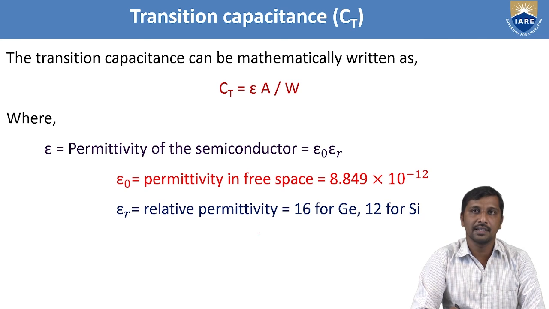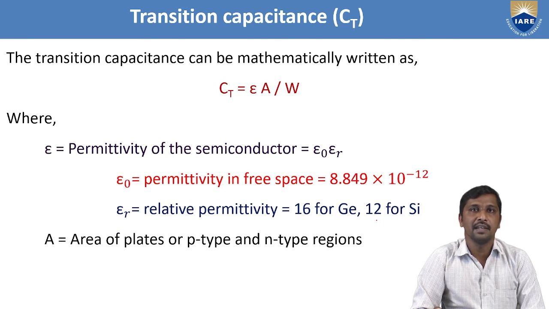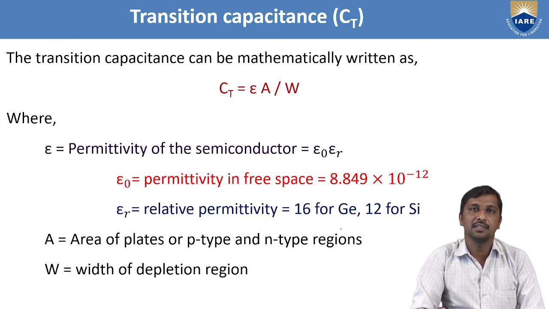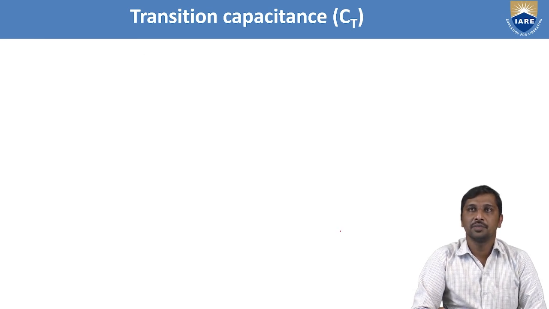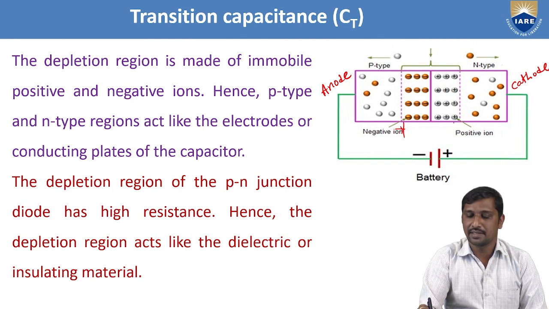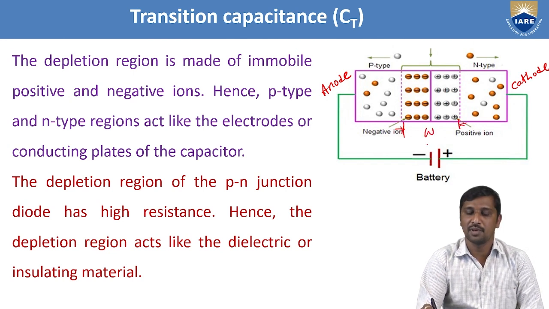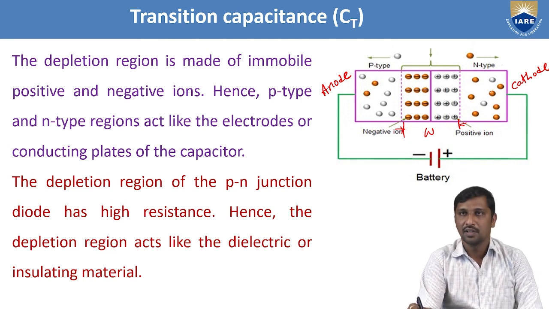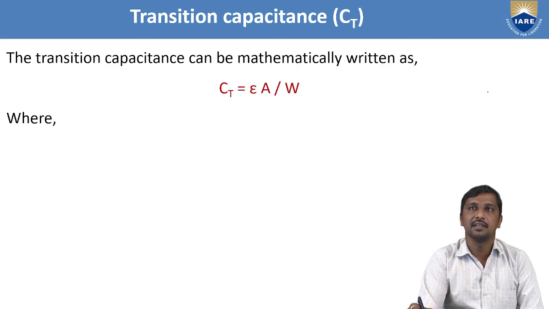Similarly, epsilon r is the relative permittivity, which is 16 for germanium and 12 for silicon, and A is the area of the plates of the P type and N type regions, and W is the width of the depletion region. This is the depletion region, its width is represented as W, and A is the area of the P type and N type regions. So the transition capacitance is represented as epsilon A by W.